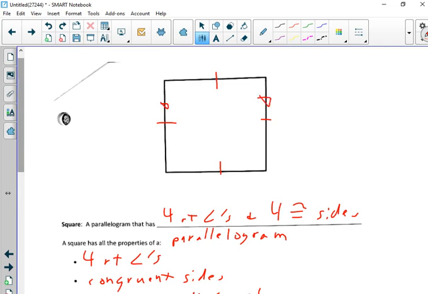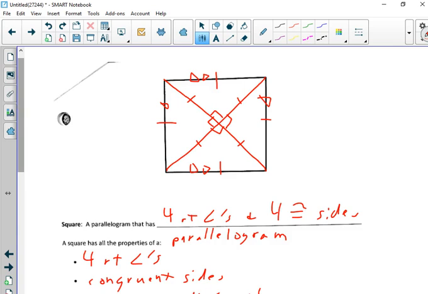It is a parallelogram. Horrible triangles, but you know what I'm getting at. The diagonals are equal to each other. They bisect each other. And they intersect at right angles.